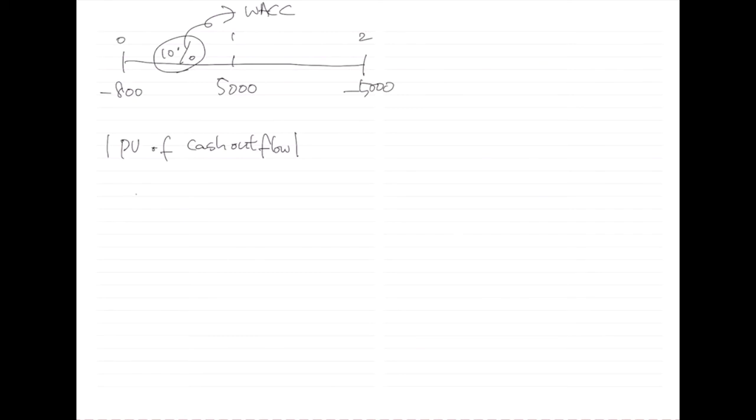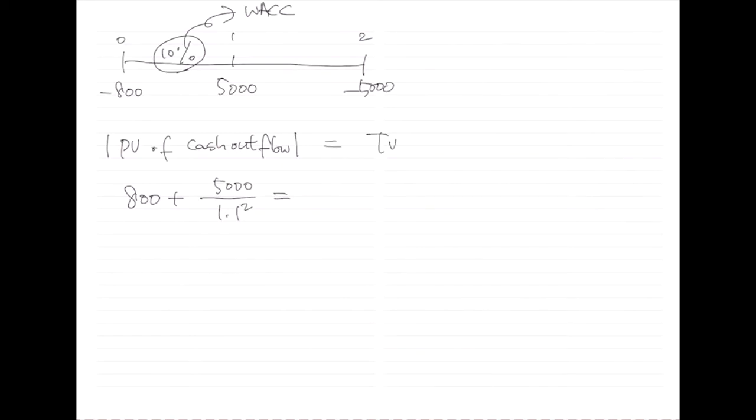The left hand side 800, and this number goes to left hand side, and it should be discounted, right? We want to calculate present value of cash outflow, so it should be discounted with the WACC. How many times? 1, 2, right? So power of 2.